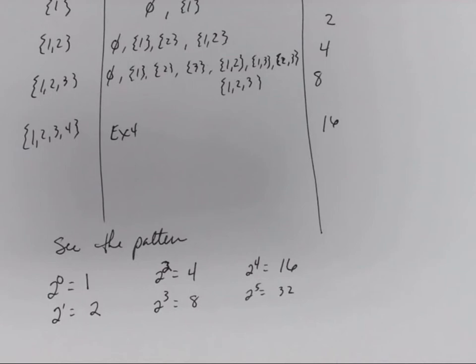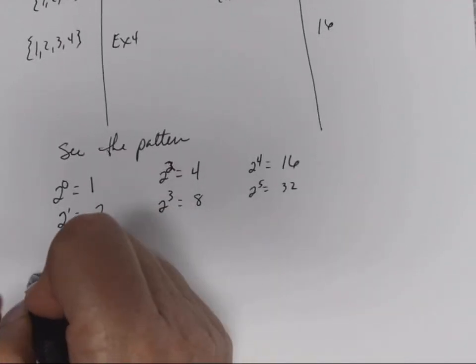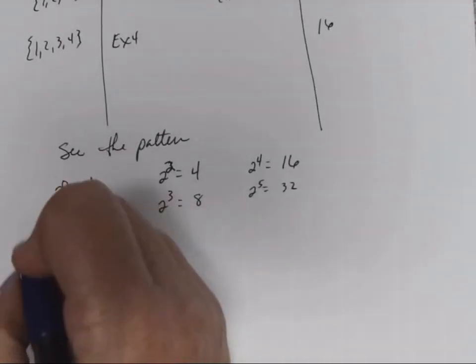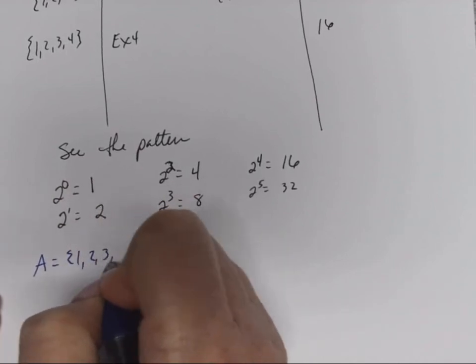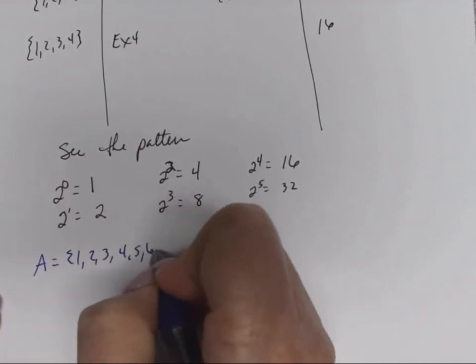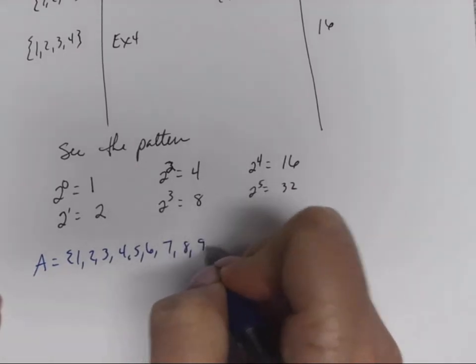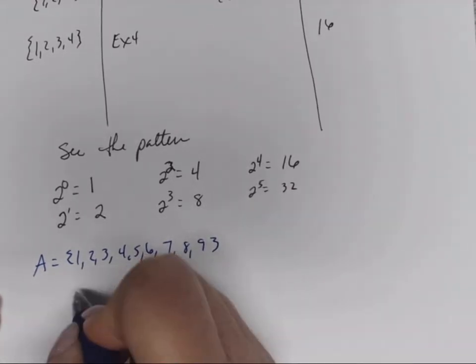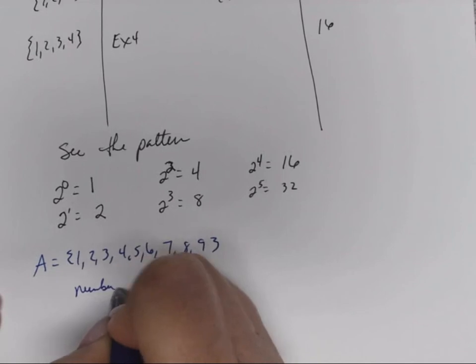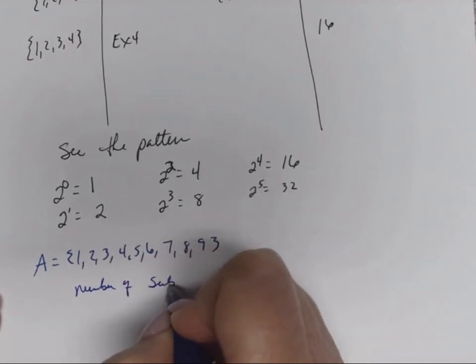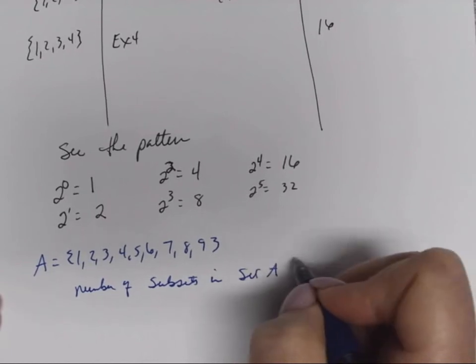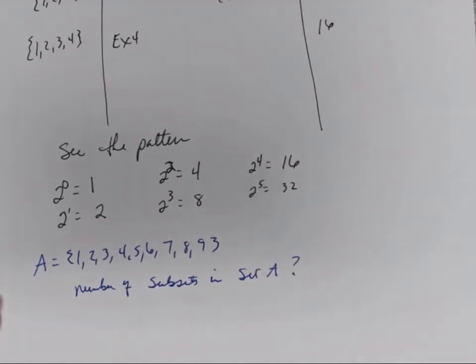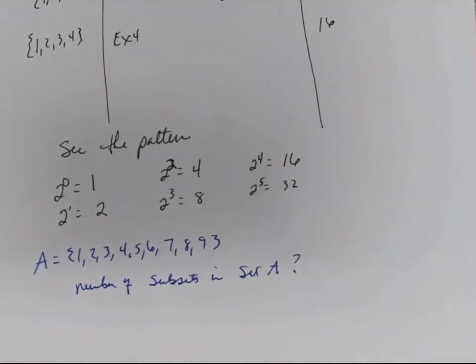So if we have set A equal to 1, 2, 3, 4, 5, 6, 7, 8, and 9, could we figure out the number of subsets in set A? Well, without writing them all out, I can use this.